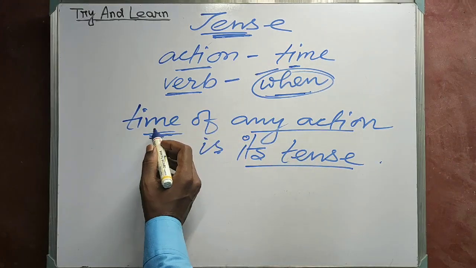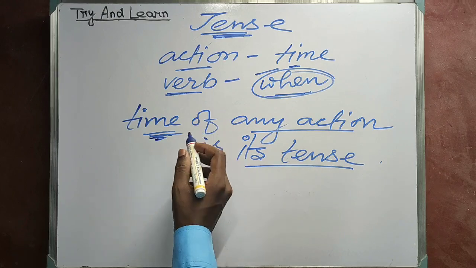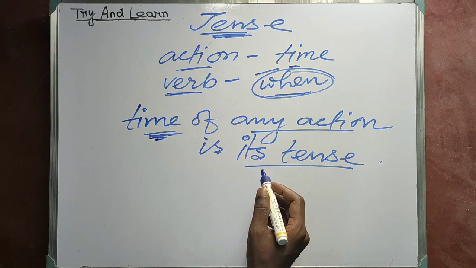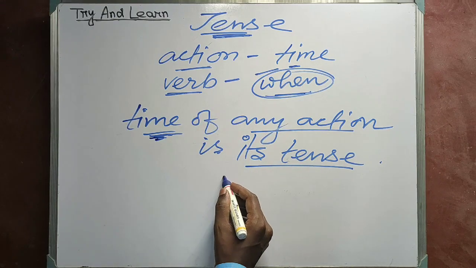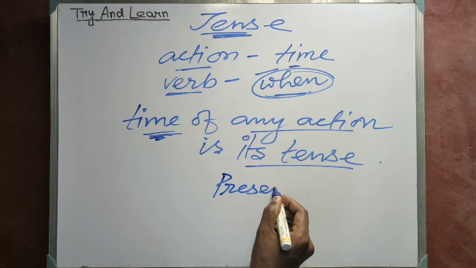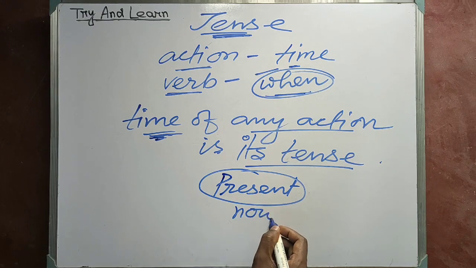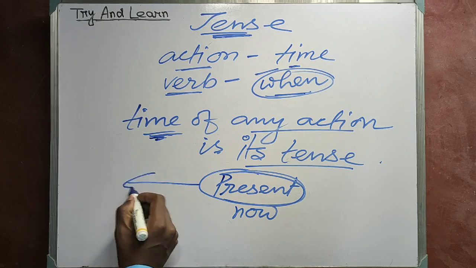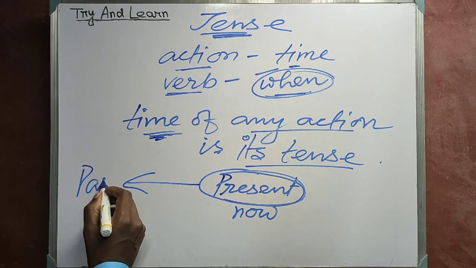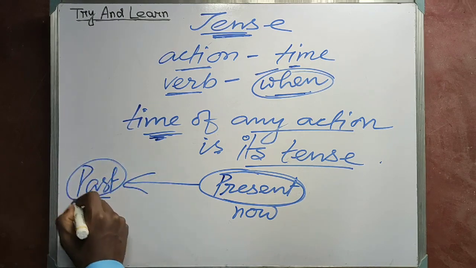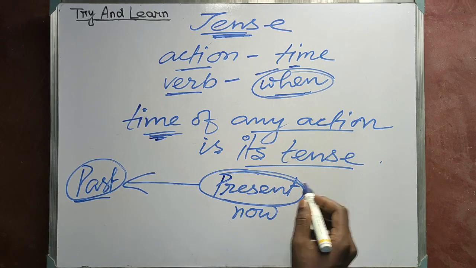An action may happen in different times. According to this, the tense also differs. Suppose here it is present now, means the action is happening. If it happened earlier, then it is past, means the action is completed.